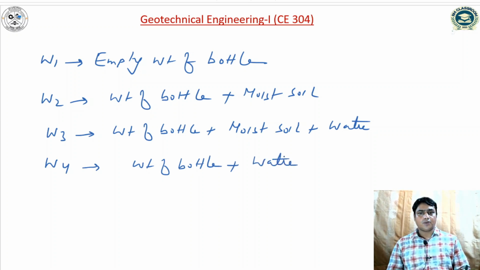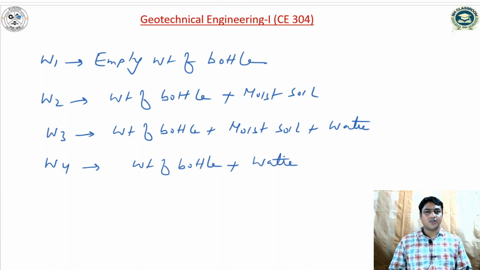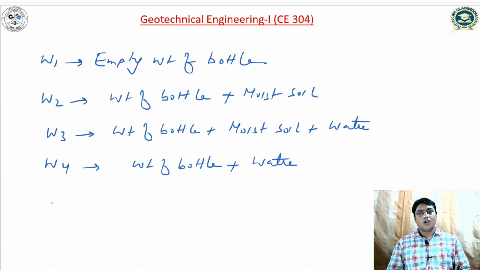So firstly you have to weigh the empty bottle, say it is W1, and after that put the moist soil sample for which we have to compute the moisture content, and say it is W2. After that fill the remaining part with water and say it is the weight of bottle plus moist soil plus water, W3. In the next step, empty the bottle, wash it and fill it completely with water, say it is W4.